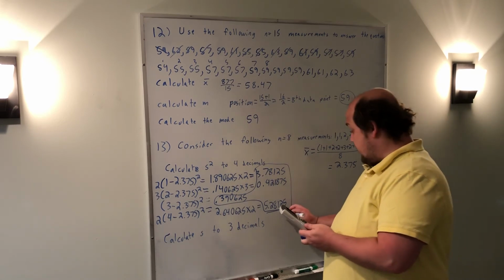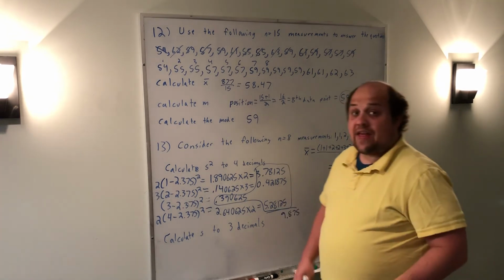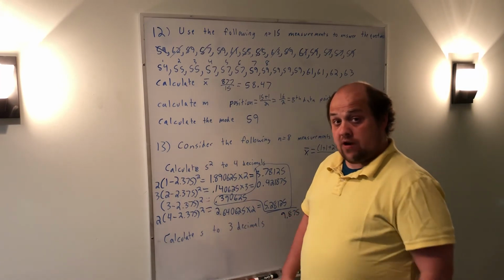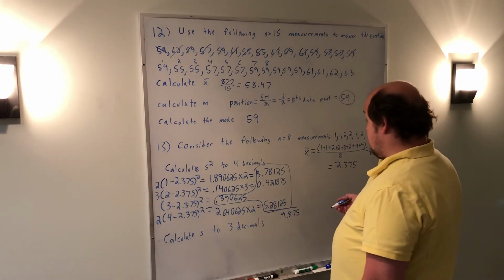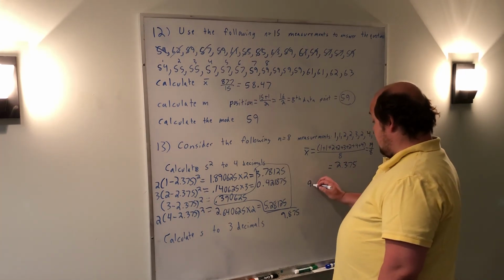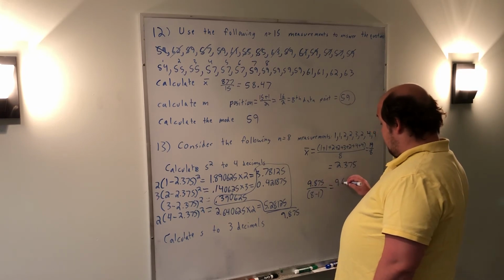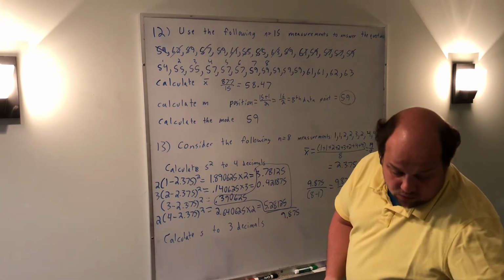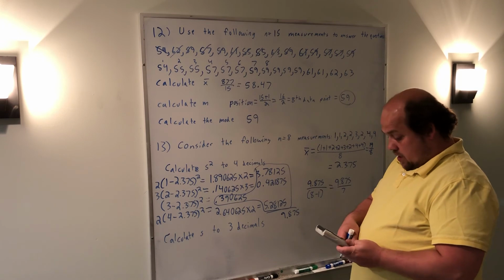That gives me a grand total of 9.875. So that 9.875 is the top of my formula, the sum of the squares. I now need to divide it by n minus 1. So in this case, that 9.875 is going to be divided by 8 minus 1, or it's going to be 9.875 divided by 7.